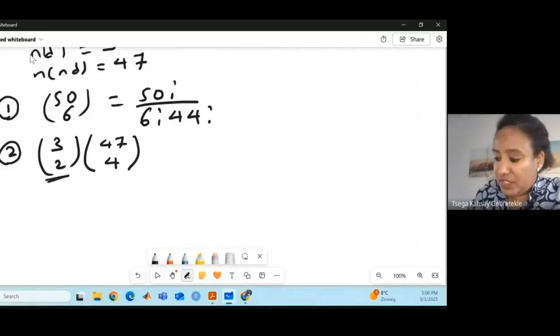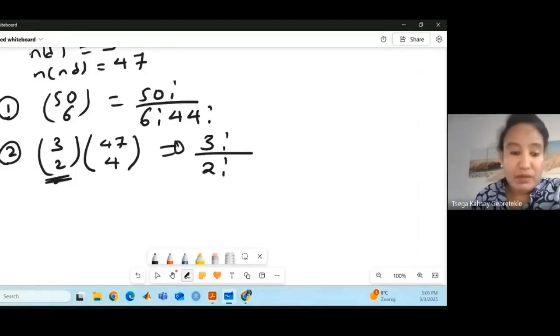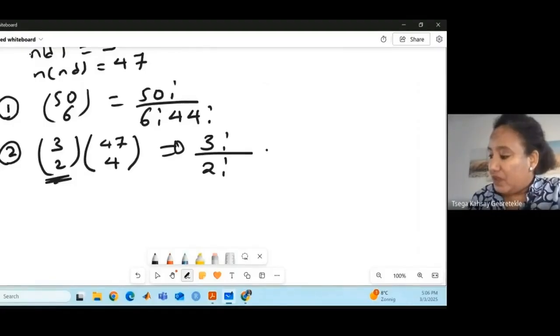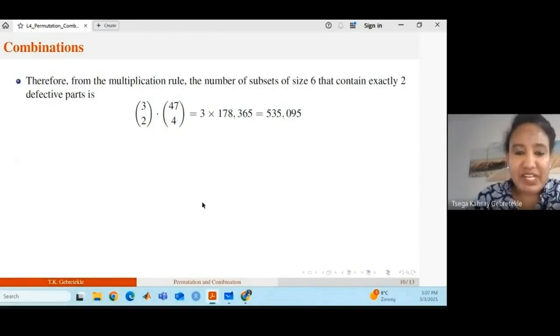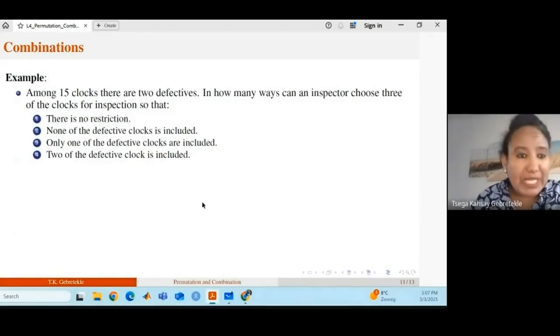In this expression, this will be 3 factorial divided by 2 factorial and 1 factorial, because 3 minus 2 is 1, and then times 47 factorial divided by 4 factorial times 43 factorial. And that is 535,095 different ways.